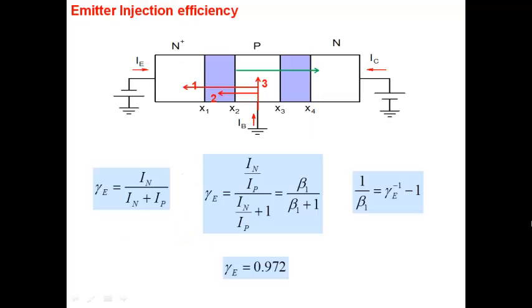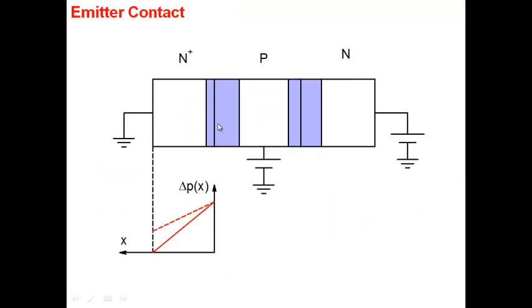All right, there's one more issue here. When I showed you the base current and the current gain, for the holes injected into the emitter we used an expression like this.